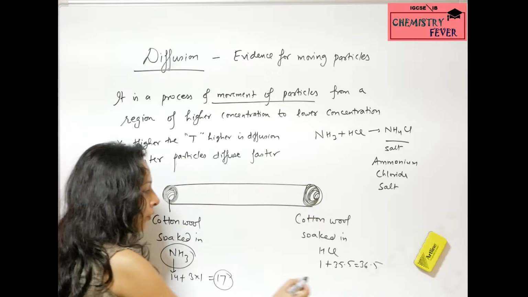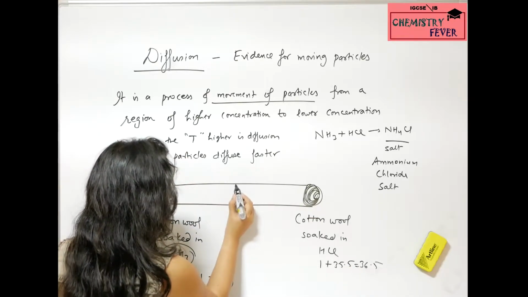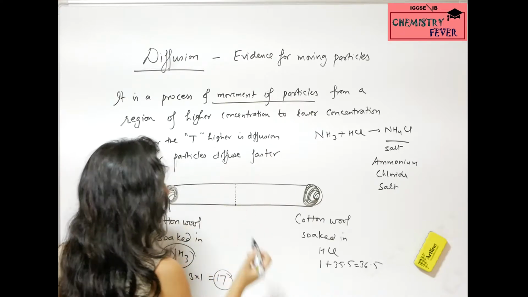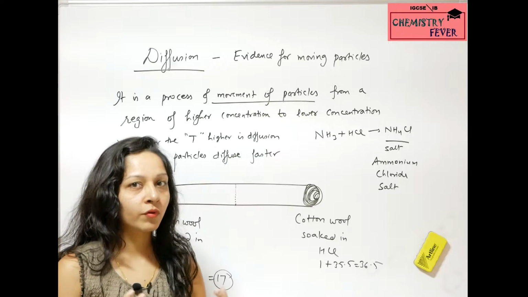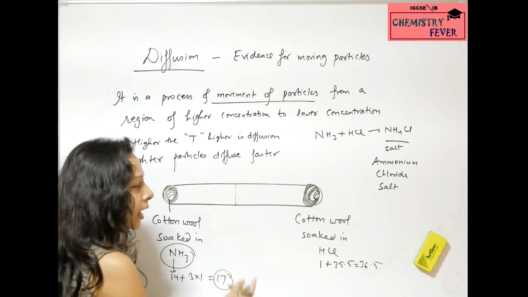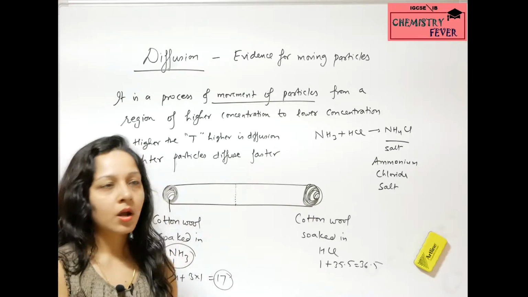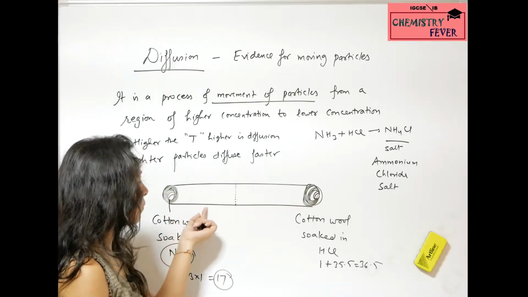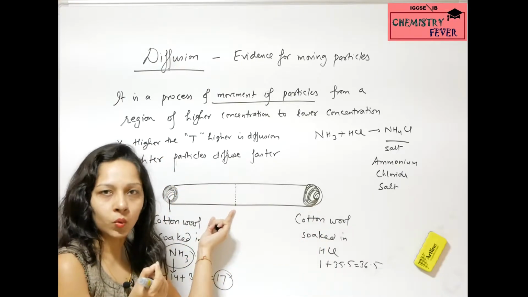So out of these two, which one is lighter? Ammonia is lighter, right? So if I say this is the center point for this glass tube, ammonia particles, as they are lighter, will diffuse faster. Suppose I am noticing the result after 1 minute or 2 minutes. Ammonia is lighter, it will diffuse faster, and HCl, they are heavy, they will diffuse slower.